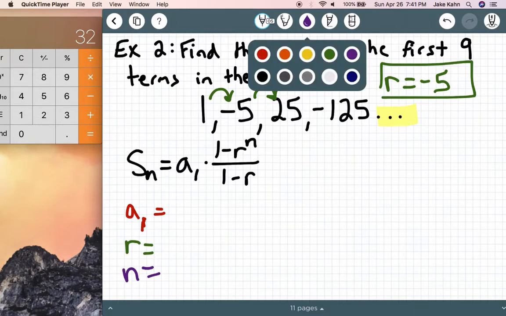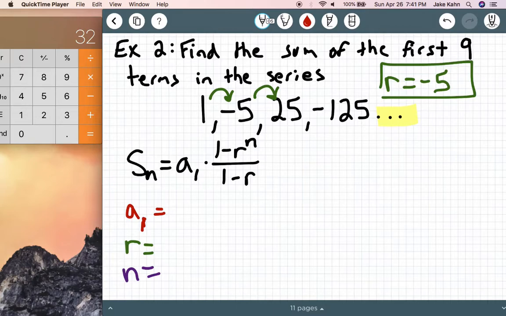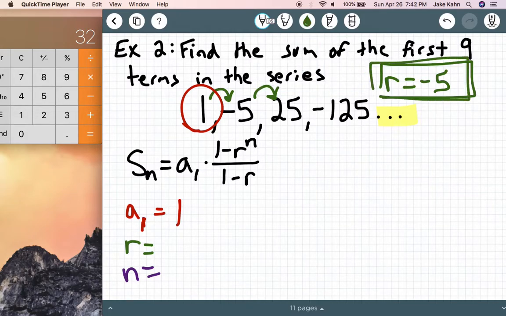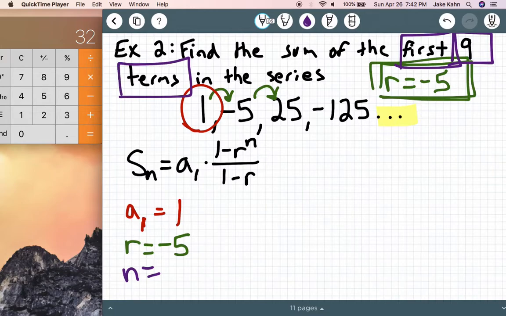Okay, first, a1. a1 is the first term in your series, which is 1. r. We already established what r was equal to. It was equal to negative 5 because you were multiplying by negative 5 in between each number. And then finally, what is n? N is the number of terms in the series, and even though this goes on forever, we're only adding the first 9 together, right? It says find the sum of the first 9 terms in the series. That means that n is equal to 9.